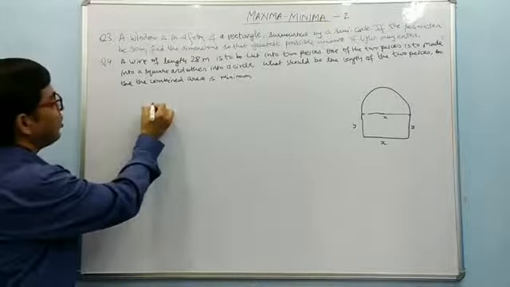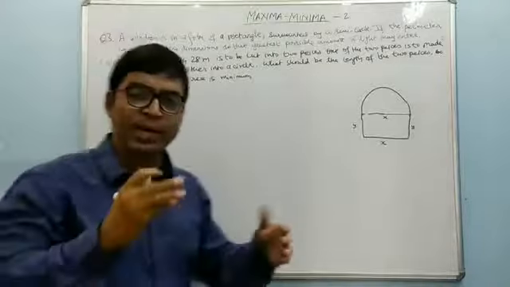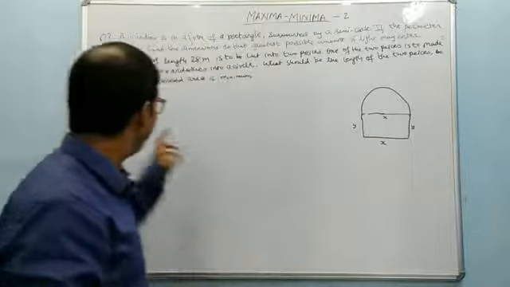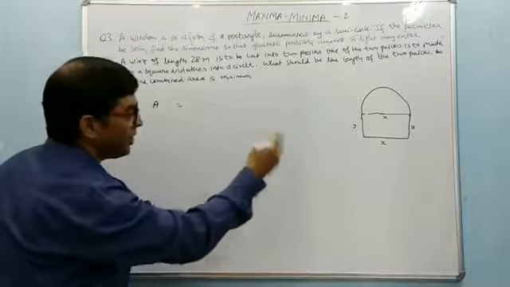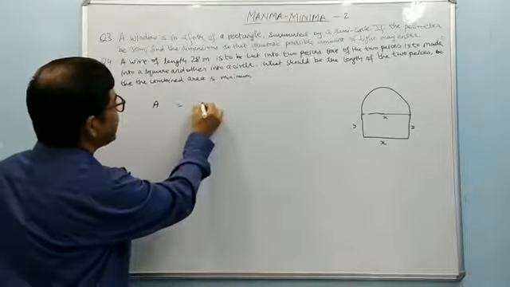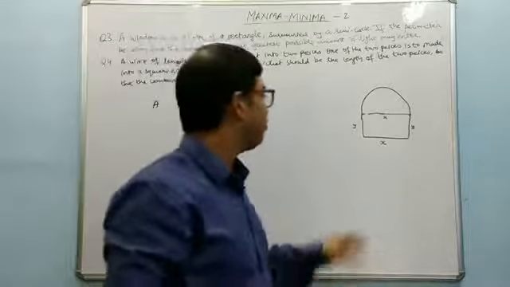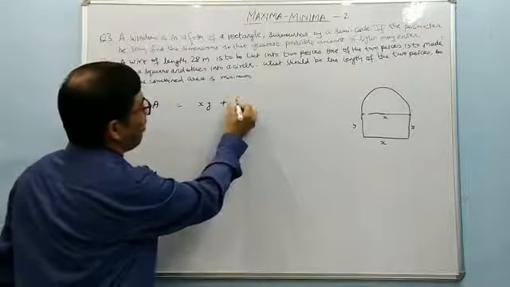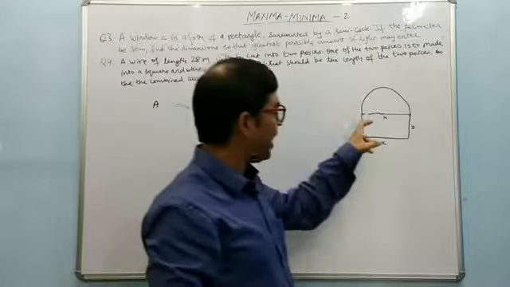See, firstly we have to write the area of the combined figure. Because we have to find the maximum value of the area, so maximum amount of light to be entered. So, A is coming out to be area of that rectangular, that is x into y plus area of the semicircular portion. What is that? 1 by 2 pi r square. What is r?